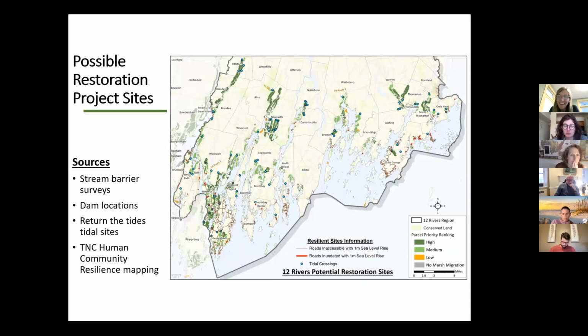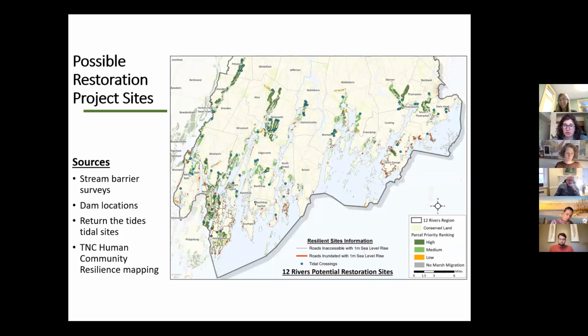And they also could combine that with the TNC human community resilience mapping to understand where we also have road crossings that are being inundated or likely to be inundated that are adjacent to vulnerable communities. And so that gave them the opportunity to really kind of mesh.